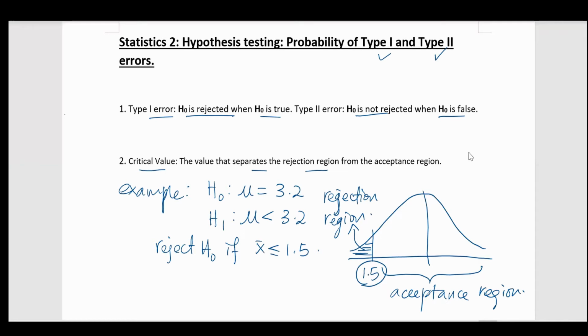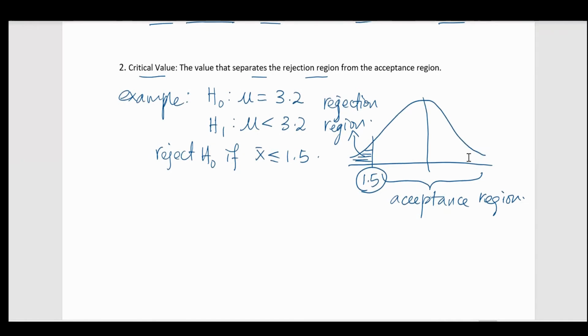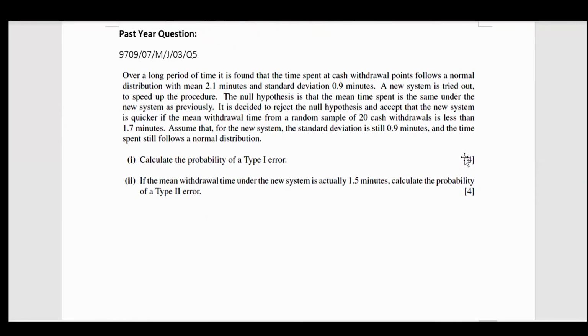Now let's have a look at an exam question. This is May/June 2003, last time called Paper 7, Question 5.